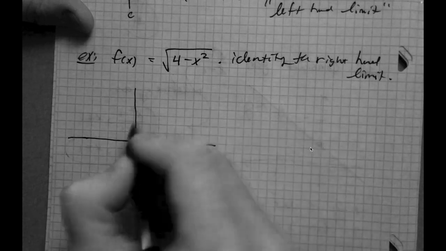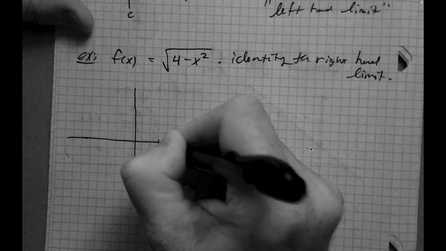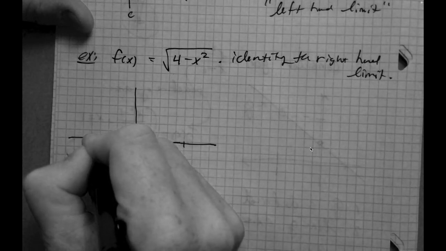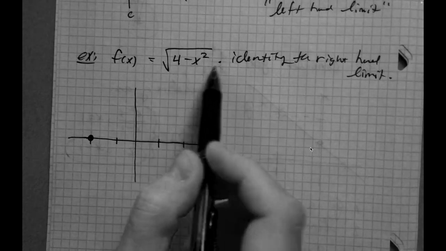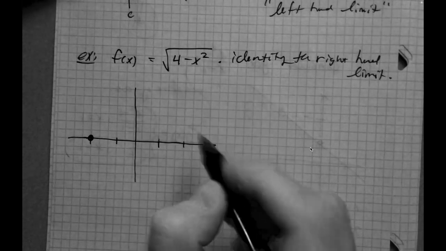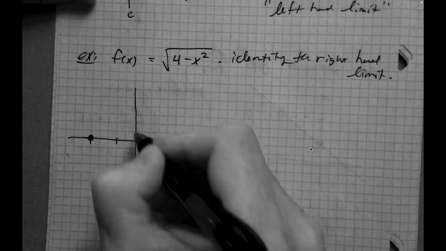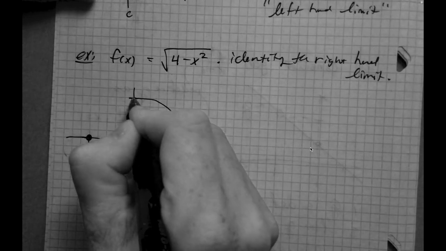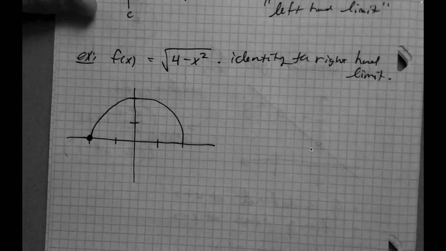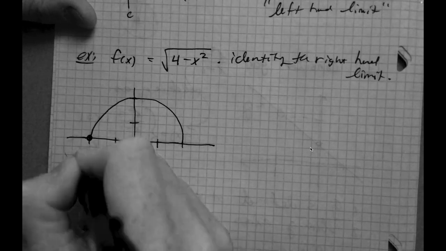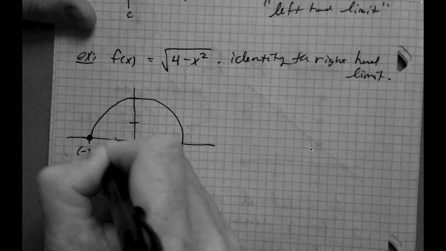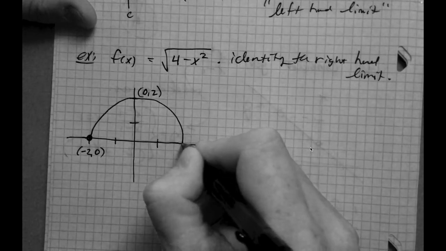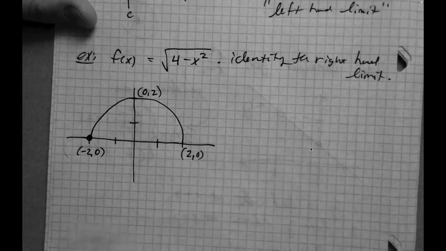This is basically going to define a semicircle. So you've got a function that starts over here, comes up like this, goes through y equals 2, and then down to x equals negative 2. This would be the point negative 2, 0, and this would be 0, 2 up here, and this would be 2, 0 over here.